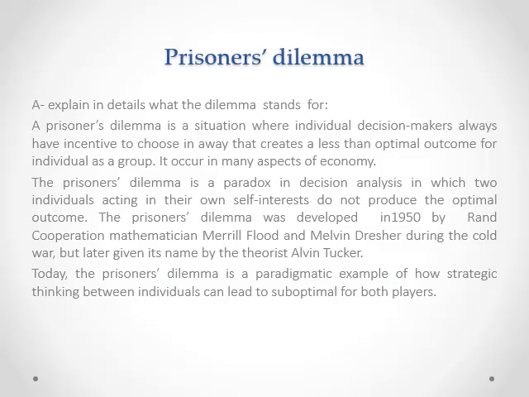Prisoner's dilemma. A prisoner's dilemma is a situation where individual decision makers always have an incentive to choose in a way that creates a less than optimal outcome for the individuals as a group.